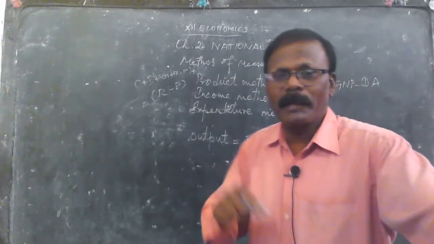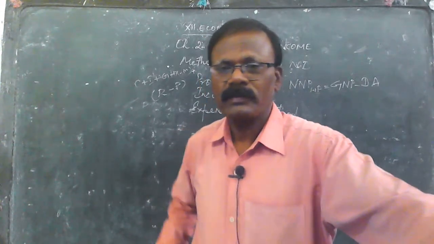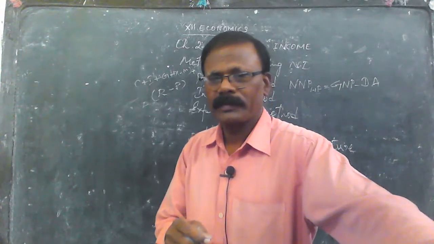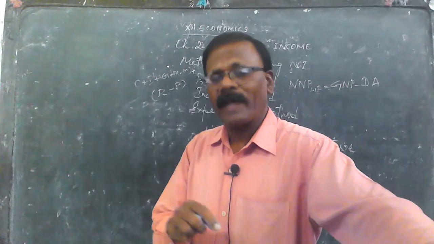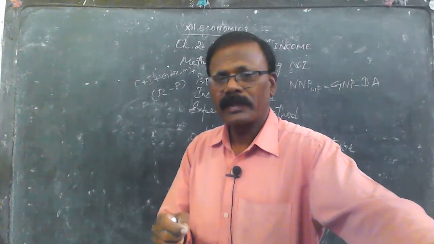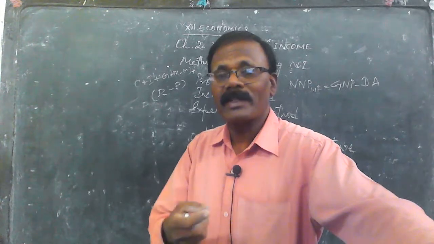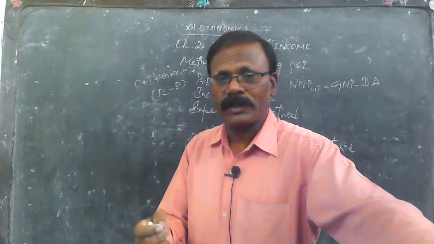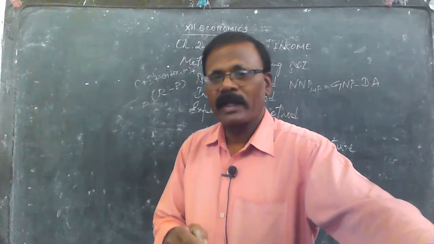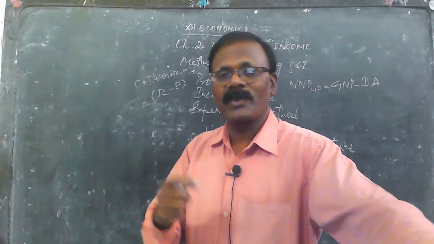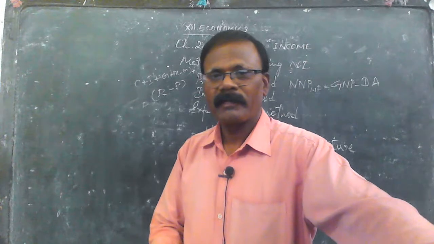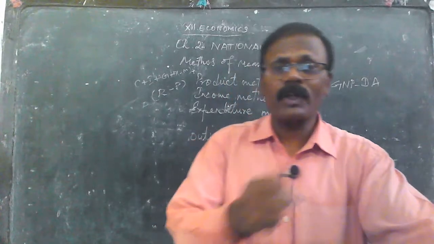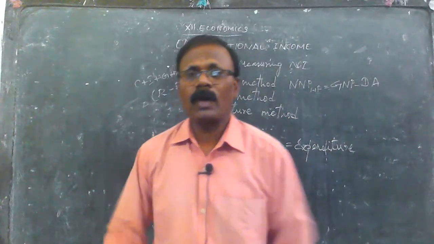Next is NNP at factor cost. NNP is the market value of output. NNP at factor cost is the payments made to the factors of production. So NNP at factor cost is the difference between the factor income paid to the factors. Understood? How is this NNP at factor cost arrived at?